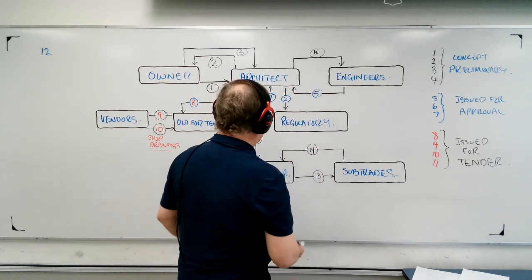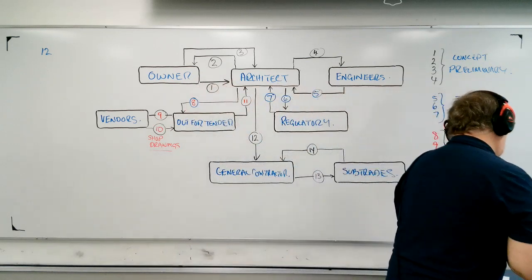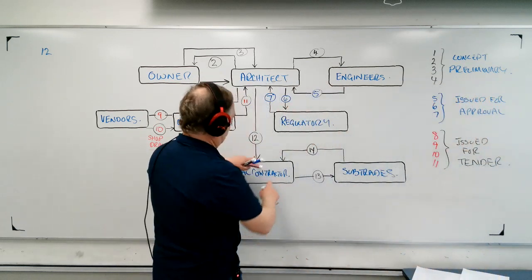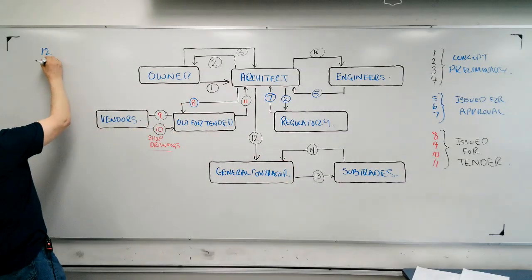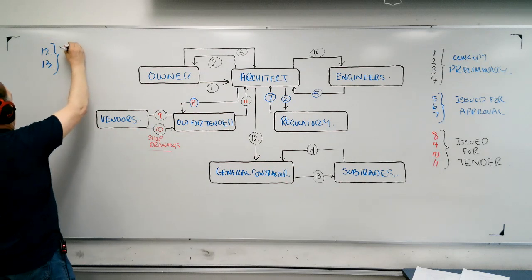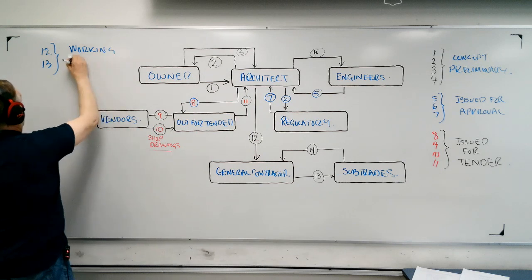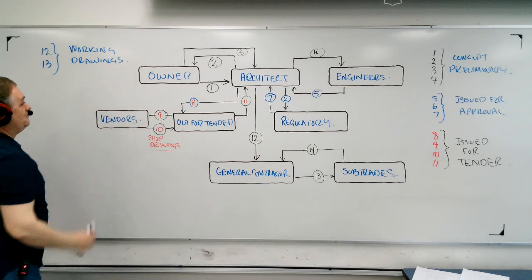Now from here, we look at it, and all the way through up to essentially these two steps, 12 and 13, I'll put it down like this. 12 and 13 are what we will call working drawings. Now remember, this is the same set of plans.